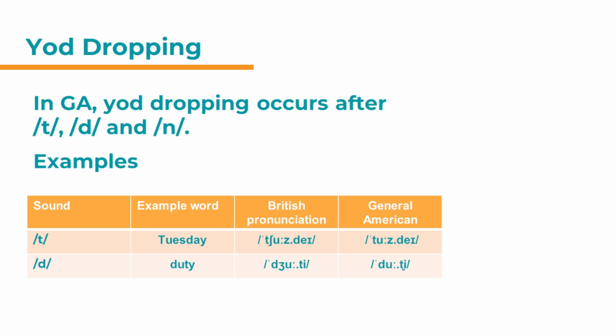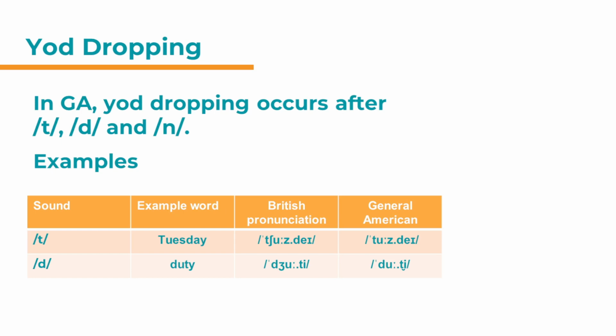Let's look at an example with d. We have the word duty. Again, here we have two varieties in British English, duty with d-y or duty with a j. And in General American pronunciation with Yod dropping, we have duty.